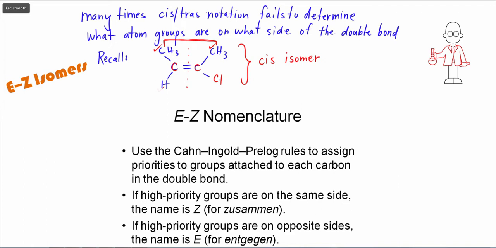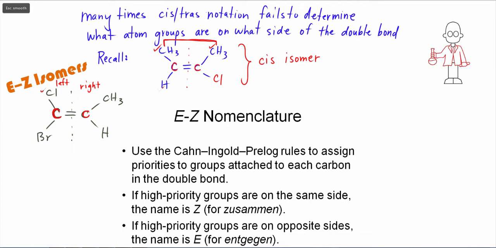Now, if we get to a structure such as this, where we have carbon doubly bonded to carbon, we have a Cl, a Br, a CH3, and an H. Well, if we draw a line that bisects that double bond, we see that on these two sp2 hybridized carbons, there is no atom or atom group on the left or the right that's the same.